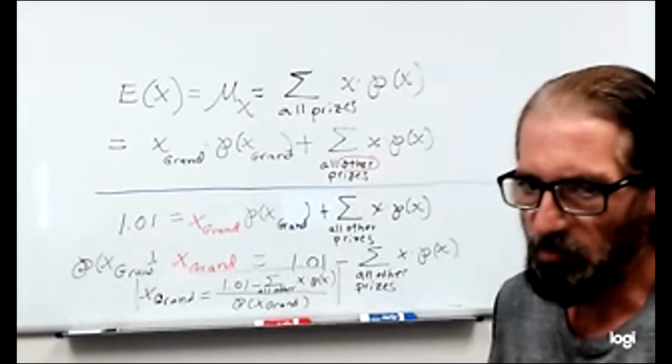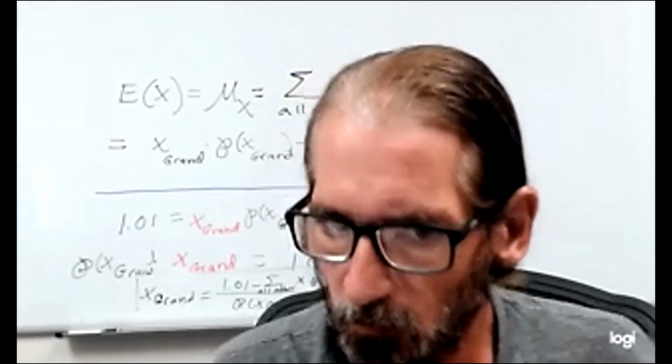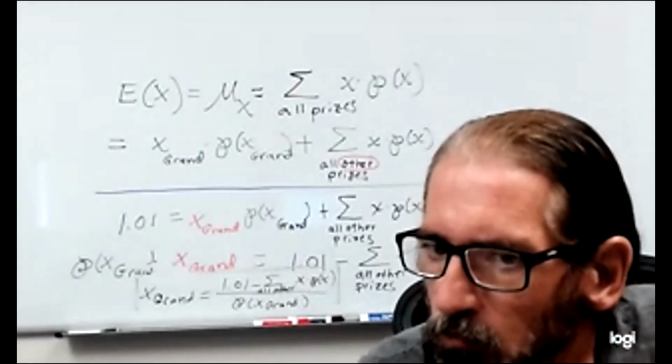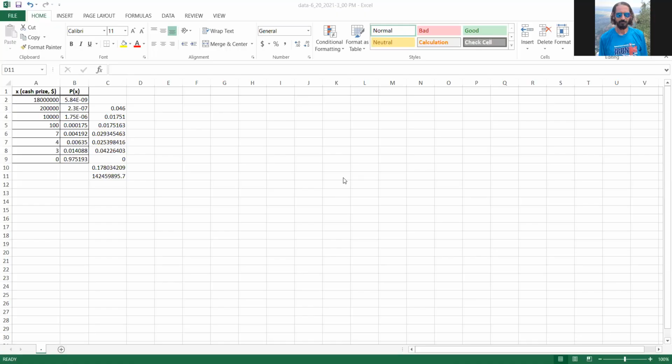And I set that up in Excel. Show you what that looked like. Let's see, where's it at? There we go. Okay, so came up with all the other products besides that grand prize of 18 million, came up with all the other products over here, added them up, and then took 1.01 minus that sum and divided by the probability of the grand prize.